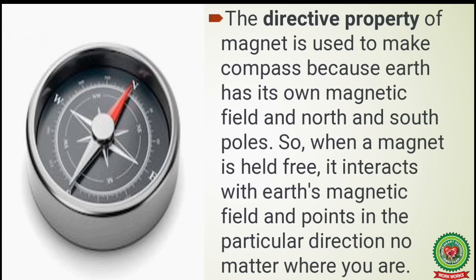The directive property of a magnet is used to make a compass because Earth itself behaves like a magnet. Earth has its own magnetic field and north and south poles. So when a magnet is held free, it interacts with Earth's magnetic field and points in the particular direction no matter where you are. This topic is not given in your book. You must note it down.